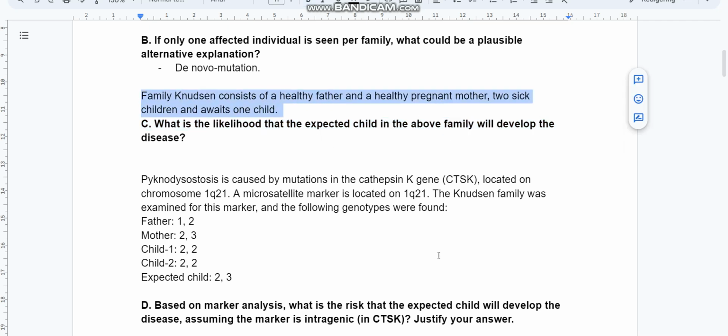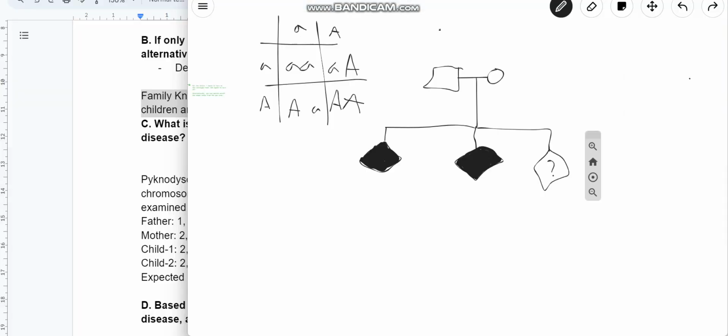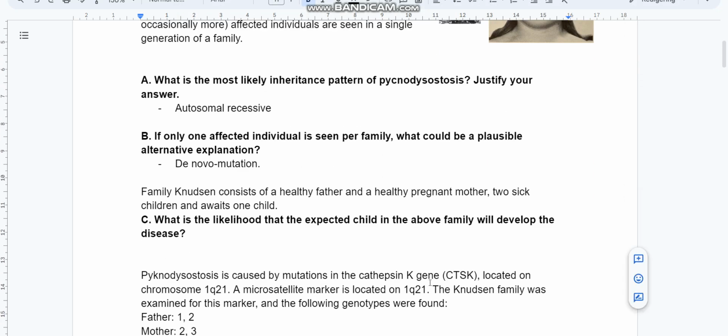For your own sake, draw the pedigree. And right here I've drawn the pedigree. We have the healthy father, the healthy mother, the 2 sick children, and the child that awaits this couple. Remember that we're talking about autosomal recessive for this disease.